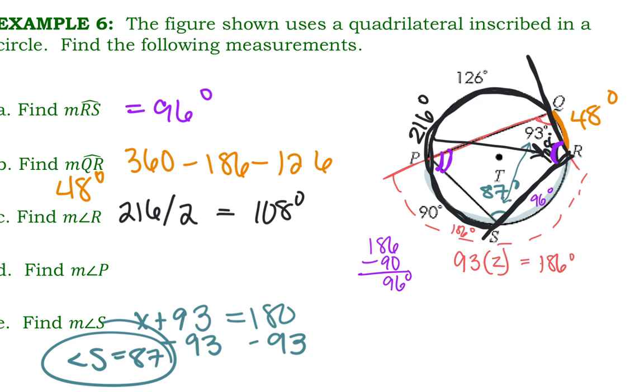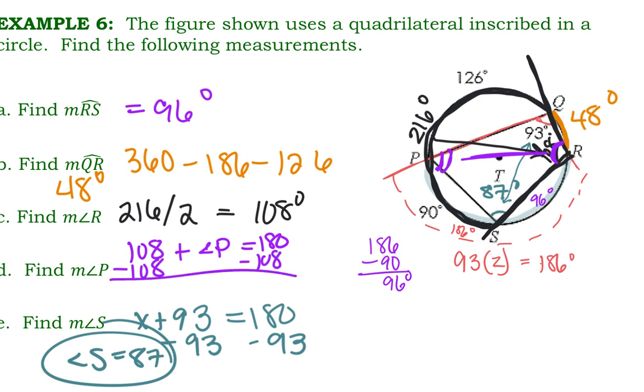They're opposites of each other inside that four-sided shape. They don't equal each other. They're opposites of each other. What did we just say about the opposite angles? They add up to 180. So these two have to add up to 180. So we'll do 108 plus angle P should equal 180. We should subtract 108. So angle P should equal 72 degrees. And you have found everything.